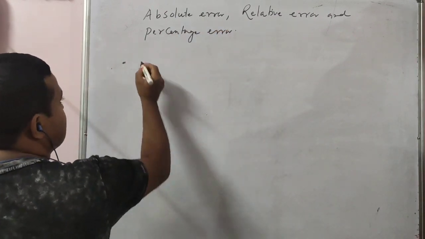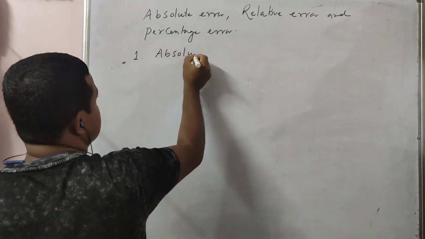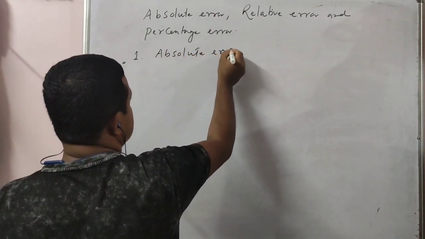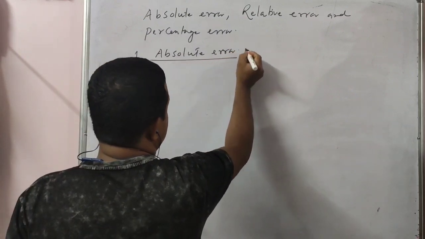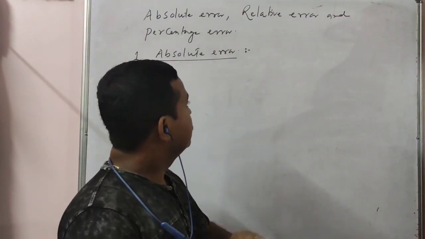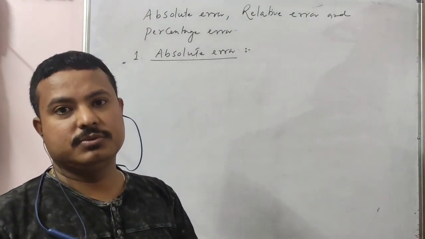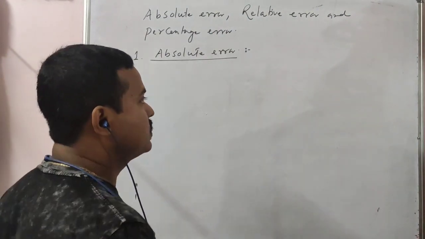Okay, so first let me explain absolute error. So absolute error means what? It is the difference between the measured value and the true value. That is simply called the absolute error.